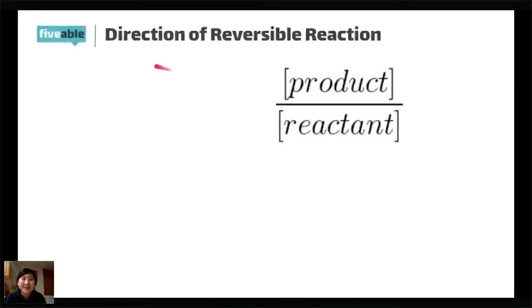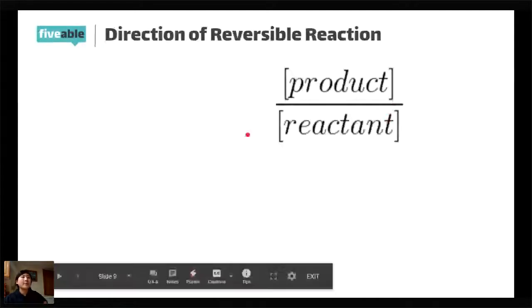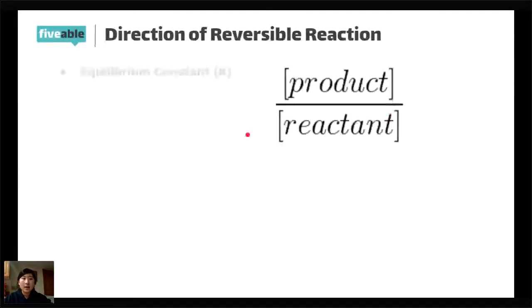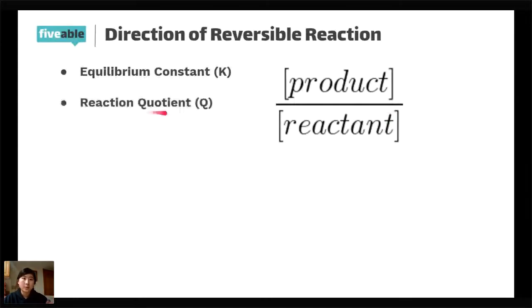Okay, so we have the direction of the reversible reaction. So there's this thing called the equilibrium constant, also called the K. And we also have another thing called the reaction quotient, which is also called the Q. And they're both, conceptually, the same. So it's really just the product over the reactant. This is like a mathematical equation. It's the product divided by the reactant.